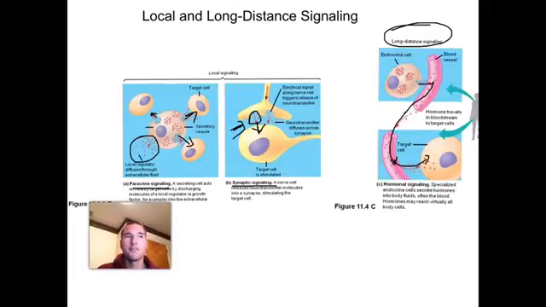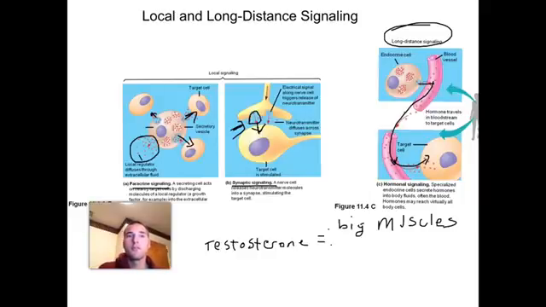Males increase testosterone production once they hit puberty, and the testosterone is made in the testes, hits the bloodstream, and goes throughout the entire body, sending a signal to all kinds of different cells to do all kinds of different things. So muscle cells will start to develop in response to this signal of testosterone.